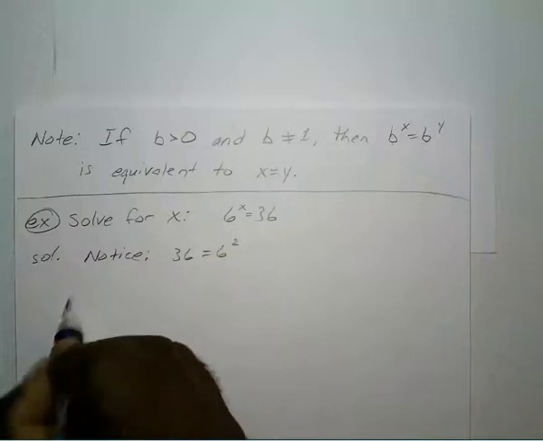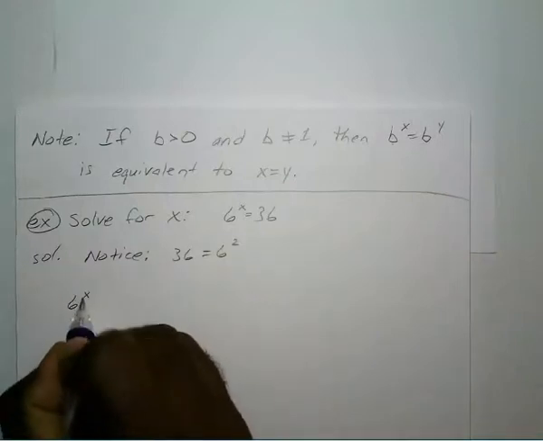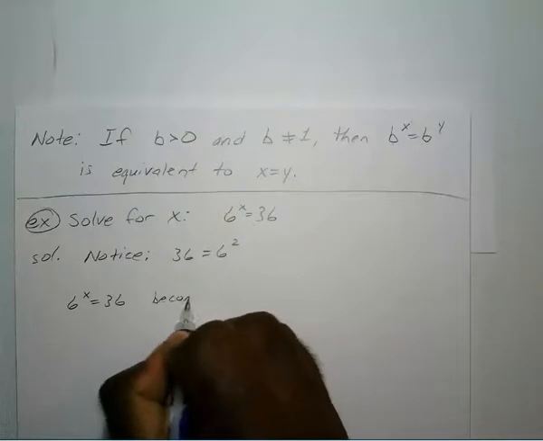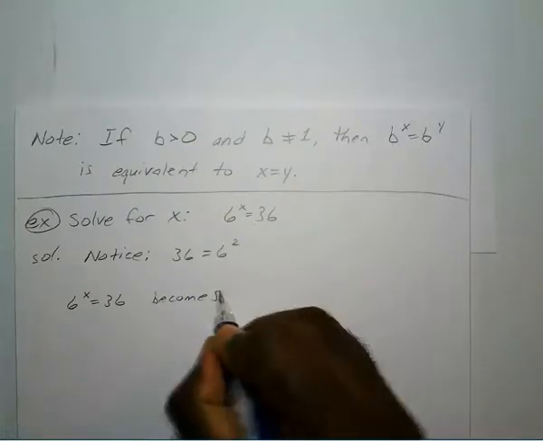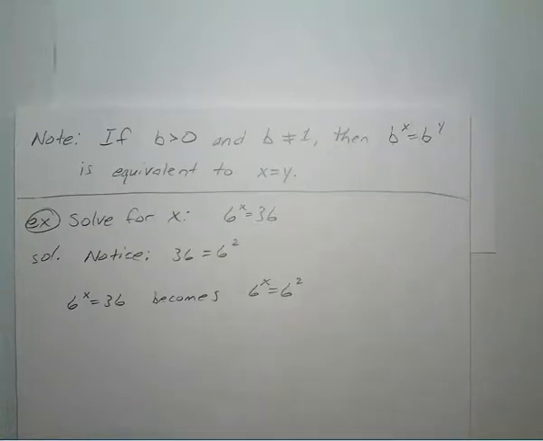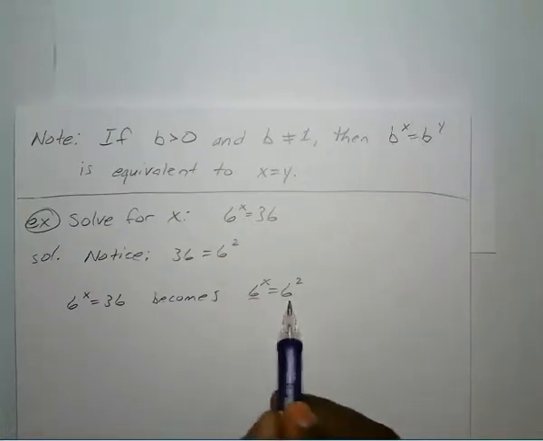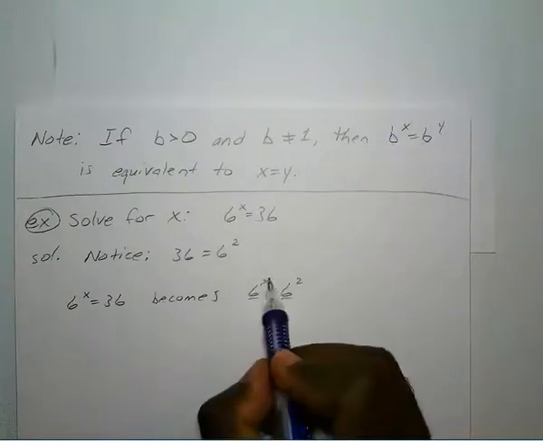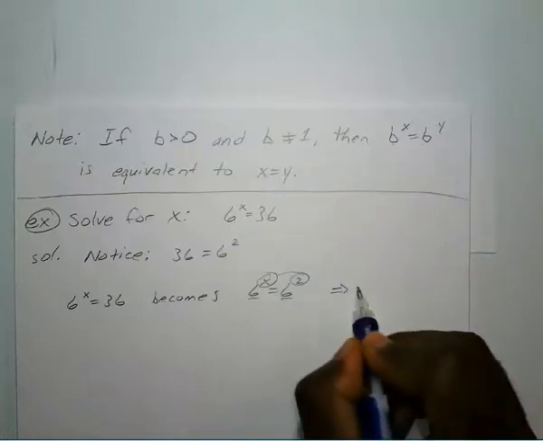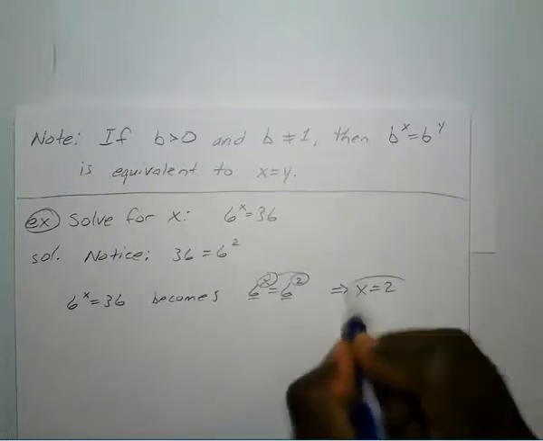So 6 to the power of x equals 36 becomes 6 to the power of x equals 6 squared. As long as your bases are the same, this exponent has to be equal to this exponent for it to be true. So we see here that x would have to equal 2.